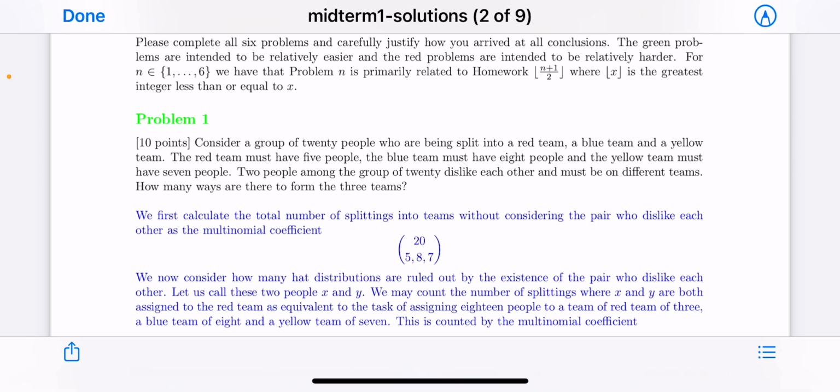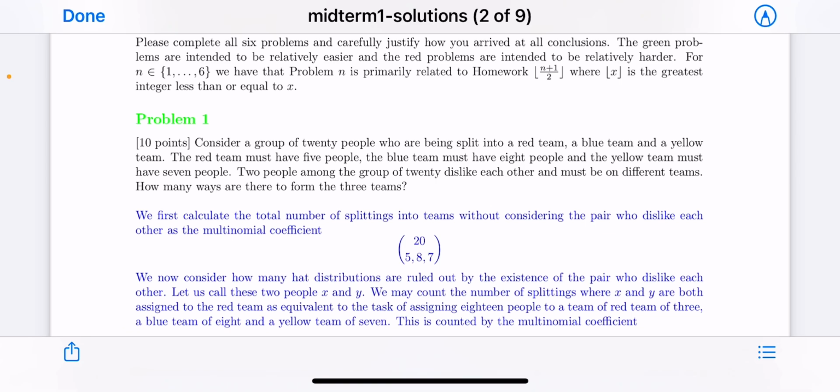The structure of the question suggests figuring out first how many teams could be formed without the restriction of the 2 people who don't like each other, and then compensating for that restriction afterwards by subtracting.